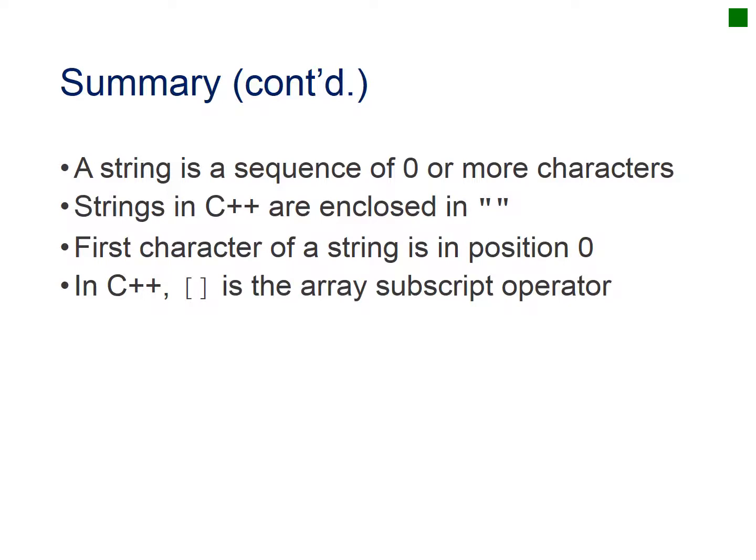A string is a sequence of 0 or more characters. Strings in C++ are enclosed in double quotes. The first character of a string is in position 0. In C++, the brackets are the array subscript operator.